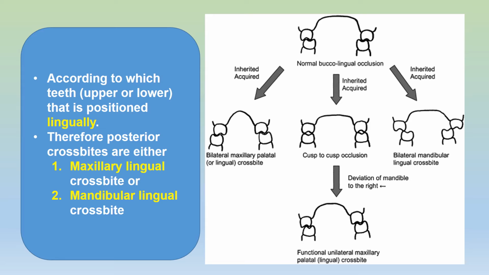Either it can be a maxillary lingual crossbite, as in this situation here, or it can be a mandibular lingual crossbite. So in this scheme, you define which jaw or which arch, the upper or lower, lies lingually.